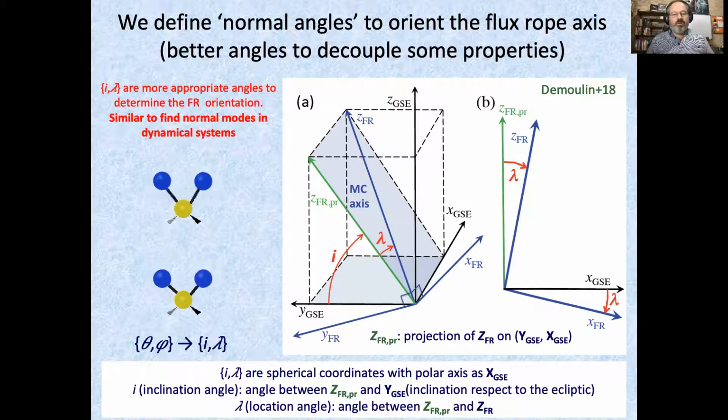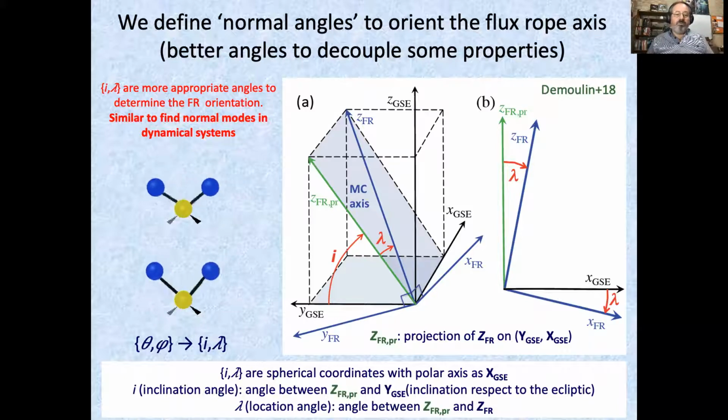The main reason for choosing these angles is that spherical coordinates have an ill-behavior near the poles. Thus, it is better to define x GSE as the polar axis, because the axis will not be parallel to x GSE in real magnetic clouds, and we will not find axes of flux ropes near this ill-behavior of the method of the angles.